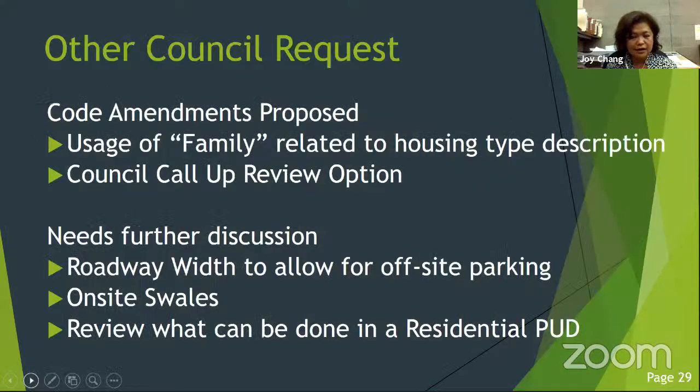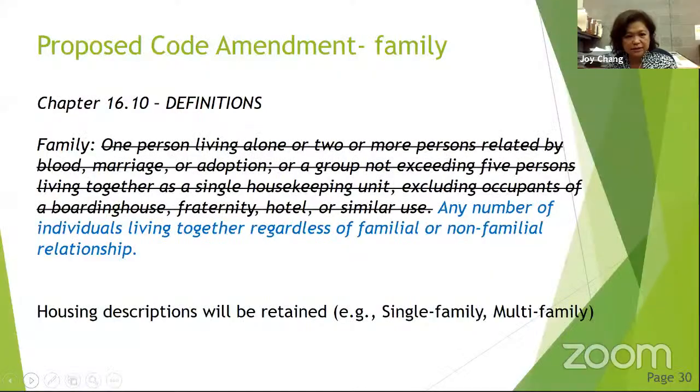And the last couple of slides that I have, basically other council requests adding usage of family related to housing type description, and also the call-up option. So the next two slides, basically, we're able to do it by redefining what family is.